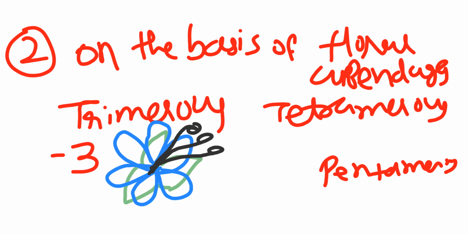So when we count the number of each component, each whorl, right? So calyx number 3 means 3 sepals. Then corolla, in that 6 petals are there. Androecium, in that again 3 stamens are there. So the numbers are there.